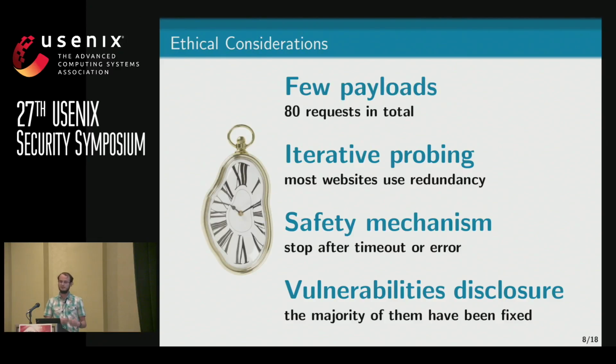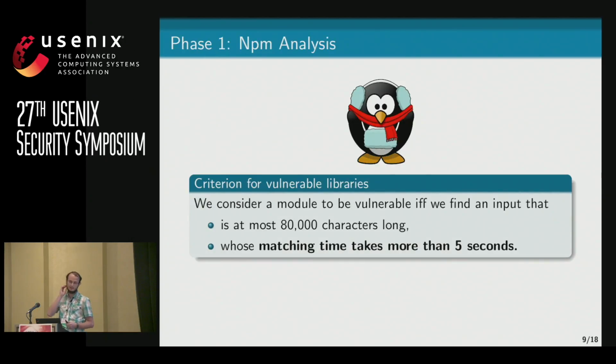Now I'll go step by step through the methodology. First, in the npm analysis phase, we look at open source code, and we consider a module to be vulnerable if we can create a payload that is 80,000 characters long, and it takes more than 5 seconds to match. Why these values? The 80,000 characters is the header size in Node.js.